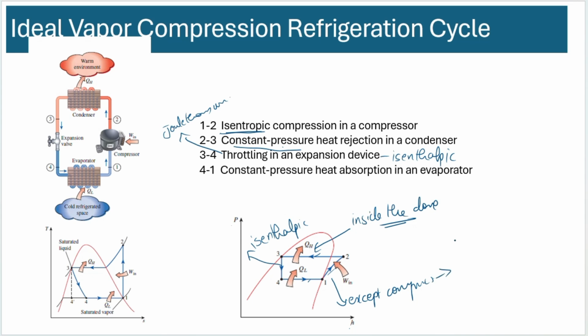Okay, so wet compression is not possible. Wet compression damages the compressor. So it's always done outside the dome in the gas region. Okay, you don't go inside for compression.